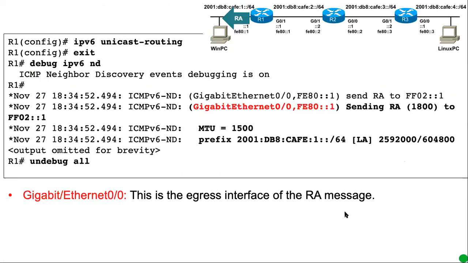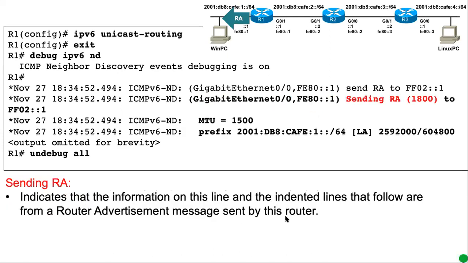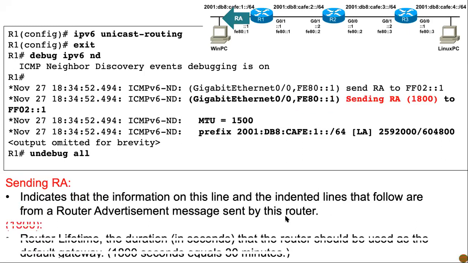I already mentioned there's the egress interface, and there's the source IPv6 address. That's the address that the end devices will use as their default gateway. I mentioned sending RA, there's the router lifetime, the amount of time that end devices can use this router as a default gateway, 1800 seconds or 30 minutes.